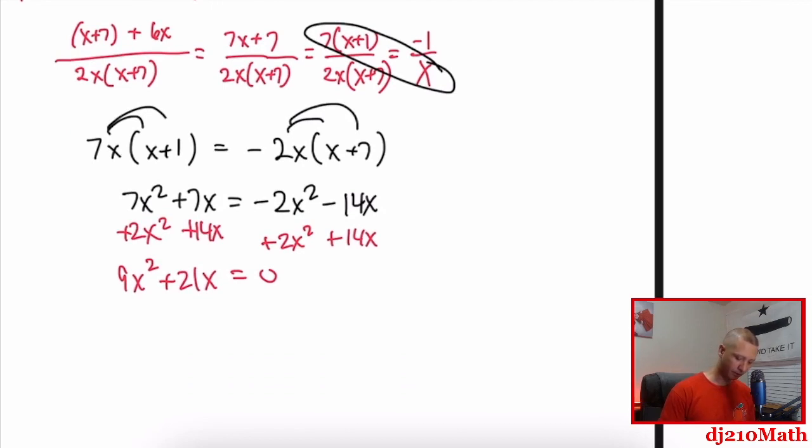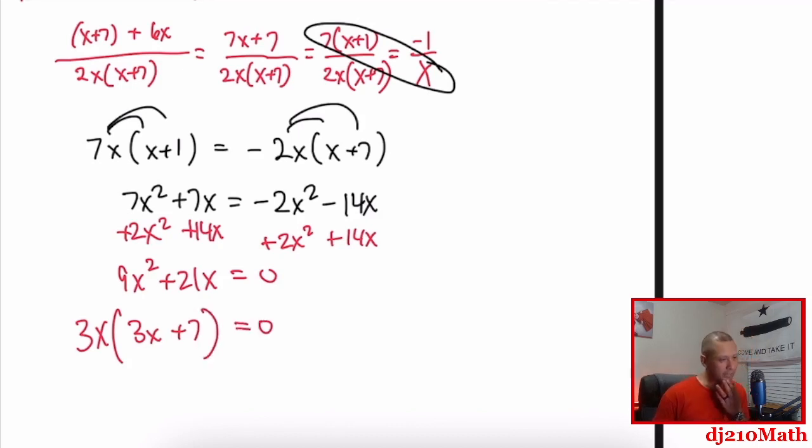So if I factor out a 3x, I'm going to leave behind a 3x plus 7. And now if you set each of those equal to 0, right? X is equal to 0 or X is equal to negative 7/3.